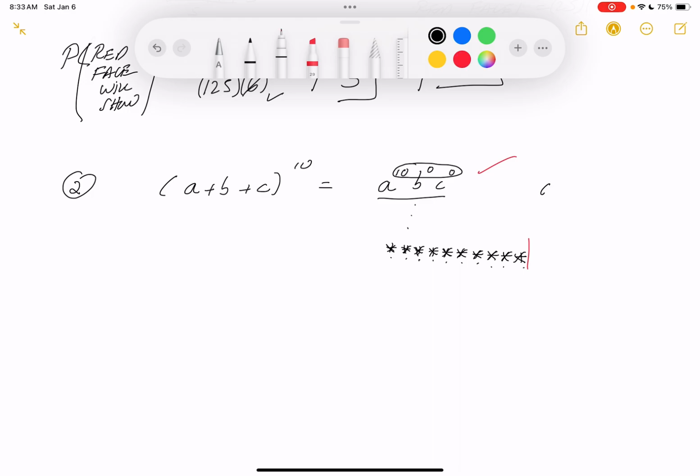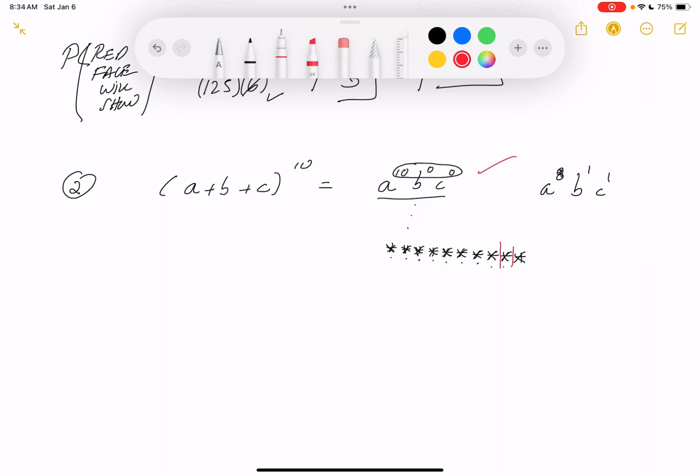I could put A8, and then B1, C1. There's other possibilities too. So what would that look like? I'm going to erase this red line over here. So that would look like 8 A's now, 1 B, 1 C.